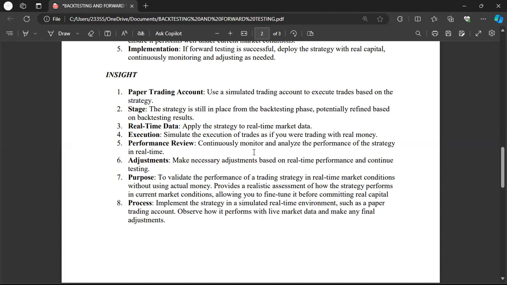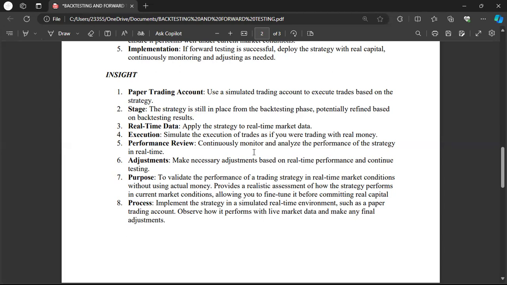Now, six, adjustment: make necessary adjustments based on real-time performance and continue testing. Now, seven, performance: validate the performance of a trading strategy in real-time market conditions without using actual money. It provides a realistic assessment of how the strategy performs in current market conditions, allowing you to fine-tune it before committing capital, right?